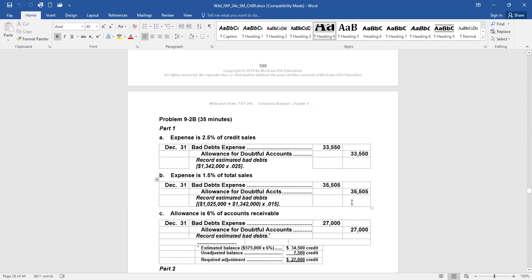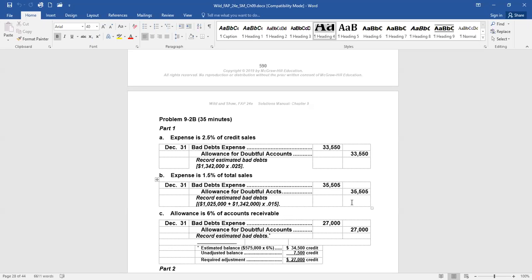Going back, we start with a balance of $7,500 on the credit side in the allowance for doubtful accounts. In 1A, we increase it by adding $33,550, sorry, I messed up my calculator, that amount of $33,550.